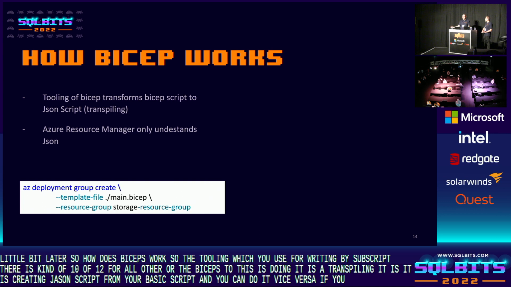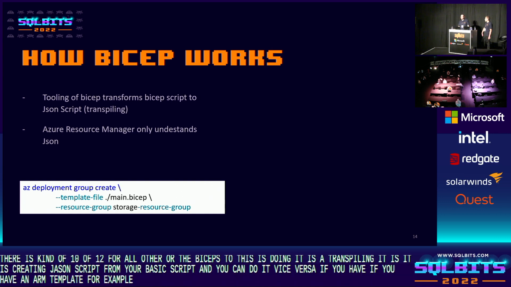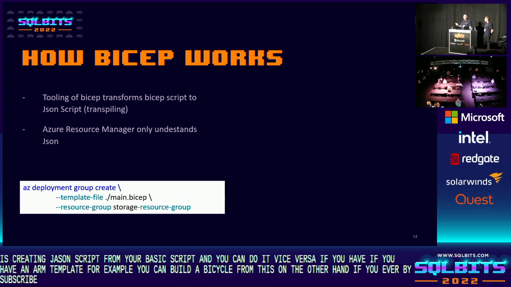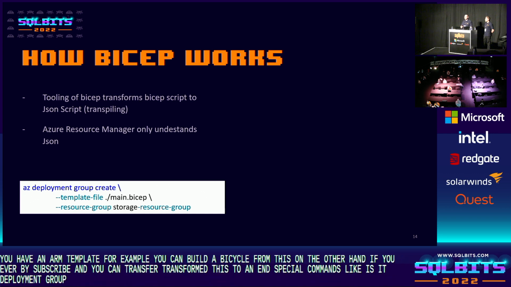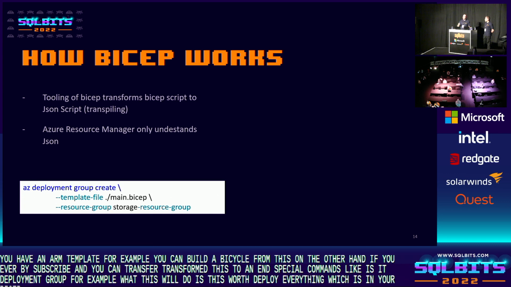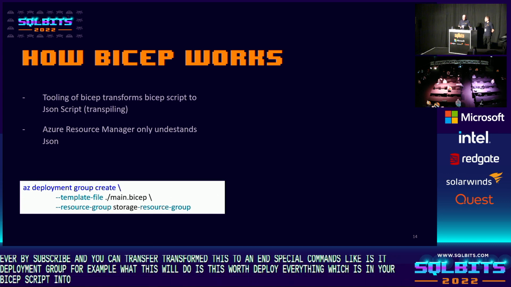If you have an ARM template, for example, you can build a Bicep script from this. Or on the other hand, if you have a Bicep script, you can transform this to ARM. And there are special commands like az deployment group create, for example. What this will do is deploy everything which is in your Bicep script into a resource group.